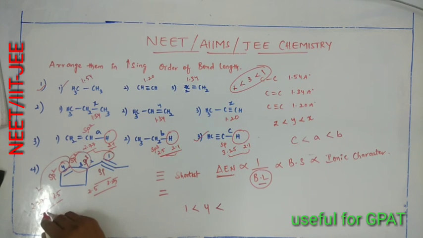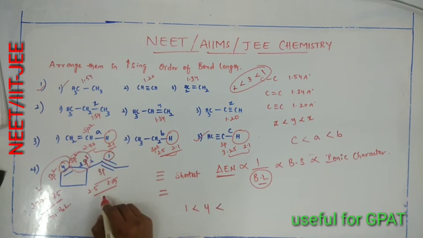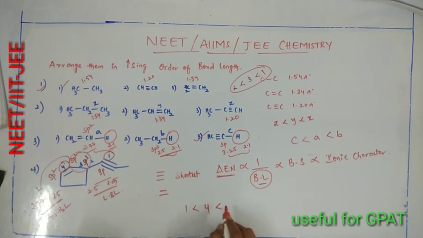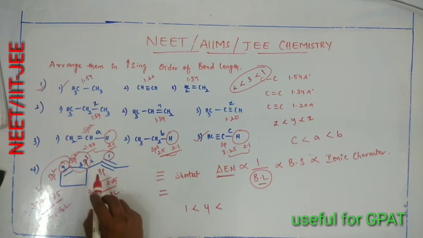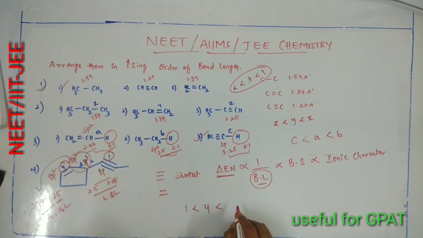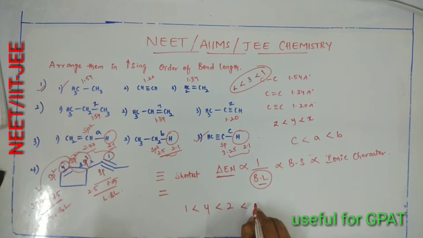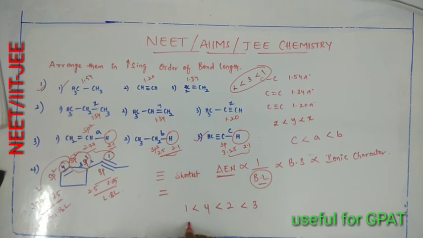If you have a less electronegativity difference, the bond length is more; more electronegativity difference means less bond length. After 4, the second one has less bond length, 2.5 minus 3.25, and after that the third one. So this is the order.